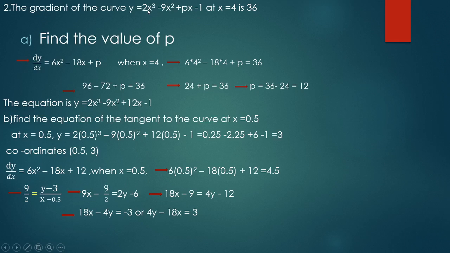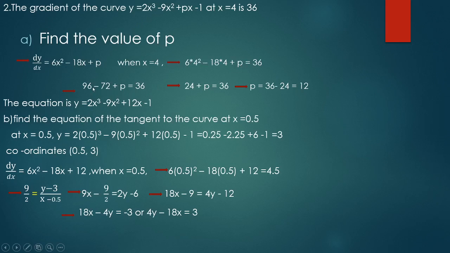It is going to be 6x squared minus 18x plus p, and this is 0. So we shall have dy over dx as 6x squared minus 18x plus p. And when x is 4, because we are told x is 4, we substitute wherever we have an x with 4: 6 times 4 squared minus 18 times 4 plus p equals 36.